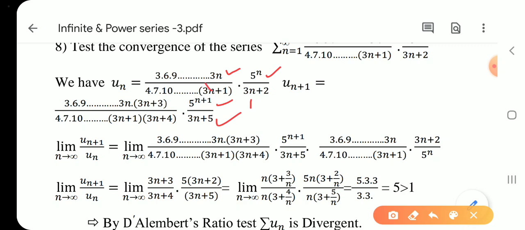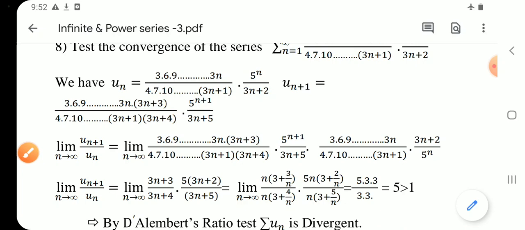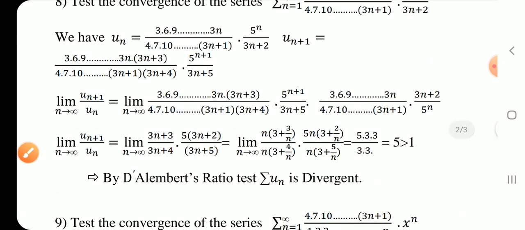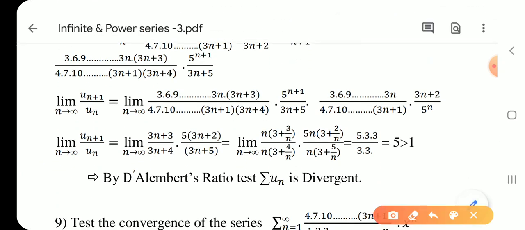Here, if you put n is equal to n plus 1. So, 3 into n plus 1 plus 1, it becomes 3n plus 4. So, as done in the previous, take the reciprocal, that is un plus 1 by un, written as it is. Take the reciprocal of un and write. Cancel the like terms.